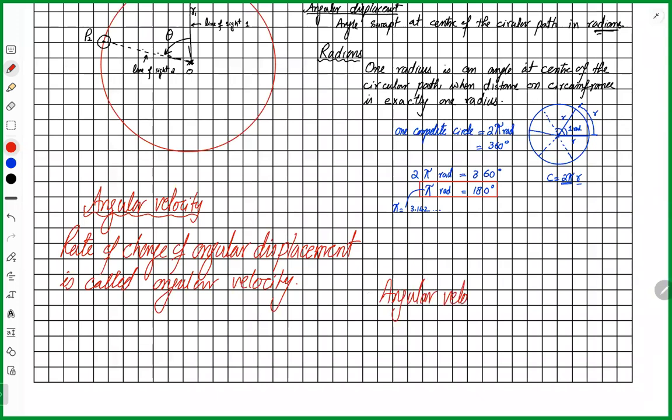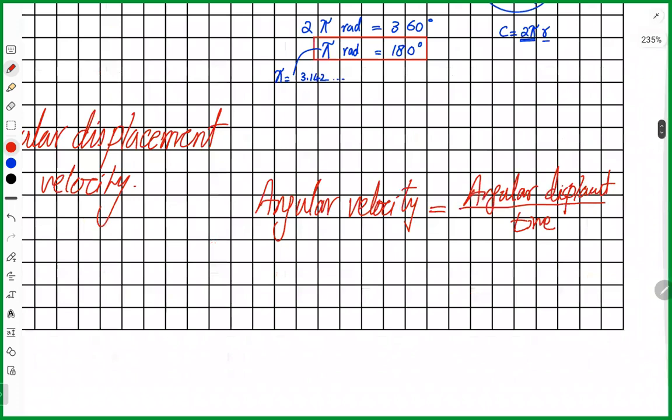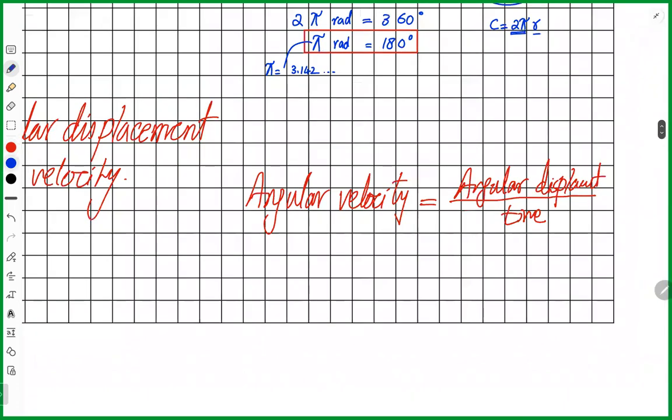Angular velocity equals angular displacement divided by time. So symbolically, omega equals change of theta divided by time.